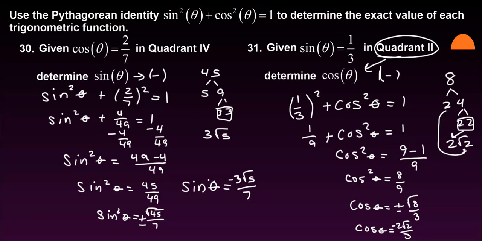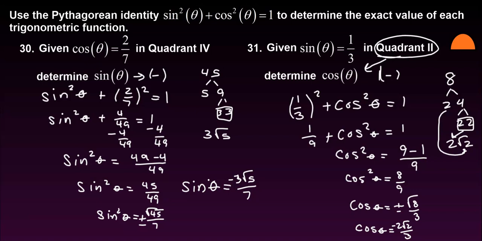You move the 1/9 to the other side by subtracting, so we get 9 over 9 minus 1 over 9, which is 8 over 9. Take the square root of both sides, so we get plus or minus the square root of 8 over 3. 8 can be simplified to 2 root 2. And then we're talking quadrant 2, and cosine is negative in quadrant 2. So we get negative 2 root 2 over 3.